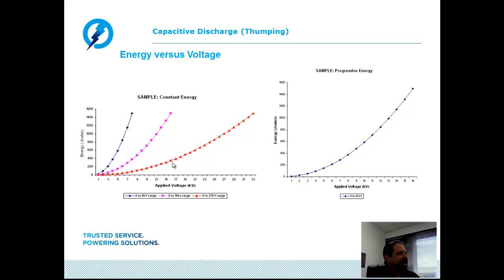Now, if I were to reduce the capacitance, again, capacitance here is reduced, therefore I have to increase voltage in order to get to a higher energy level. So in this example, I would almost need to apply around 7 to 7.5 kV in order to get the same 400 joules of energy.